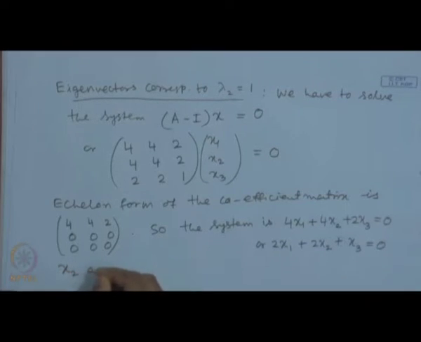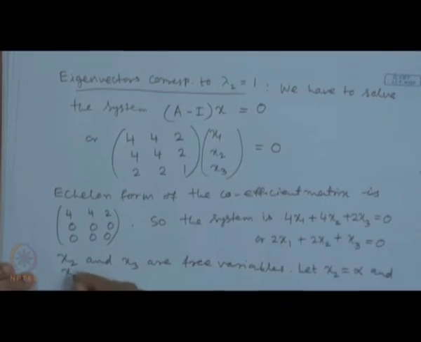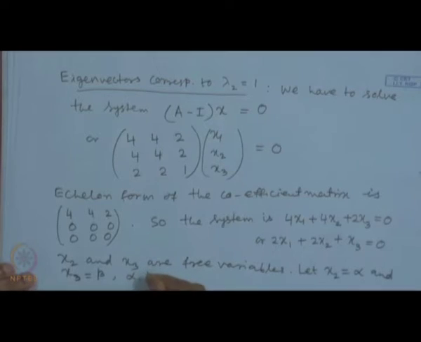So, let us take x2 = alpha and x3 = beta, where alpha and beta come from the set of real numbers, because we are considering a real system over real numbers.